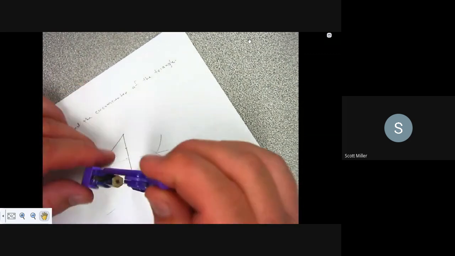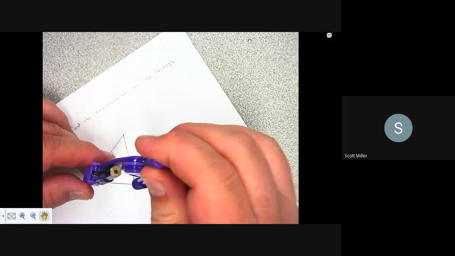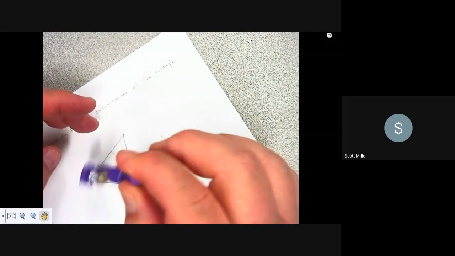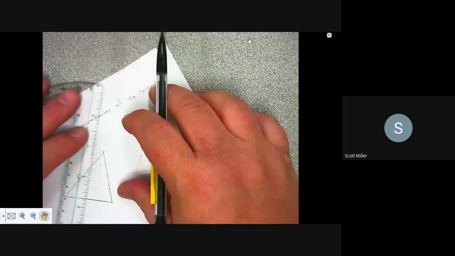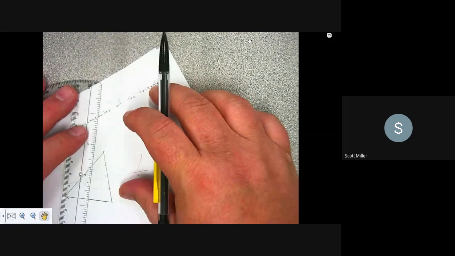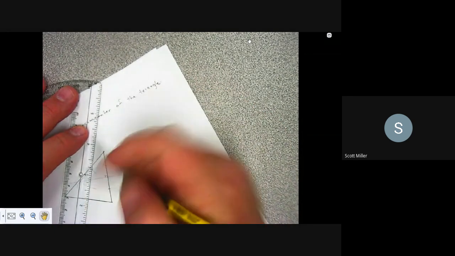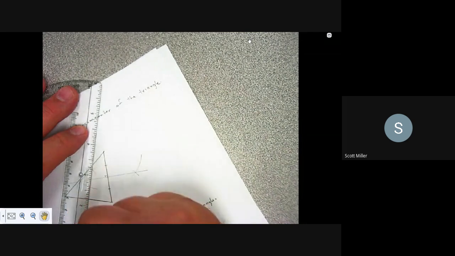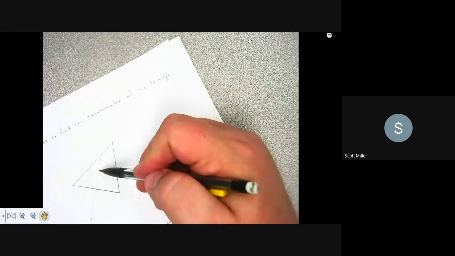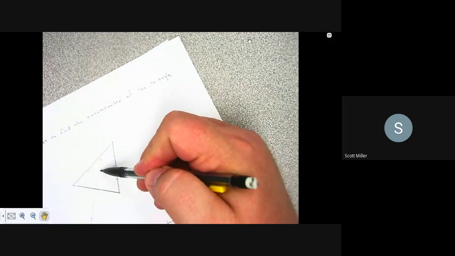which will allow me then to draw the circumscribed circle. I just need enough to make a little crosshairs. If all goes well, that's where it's going to be, right there where they cross. You want to confirm it with the third side.